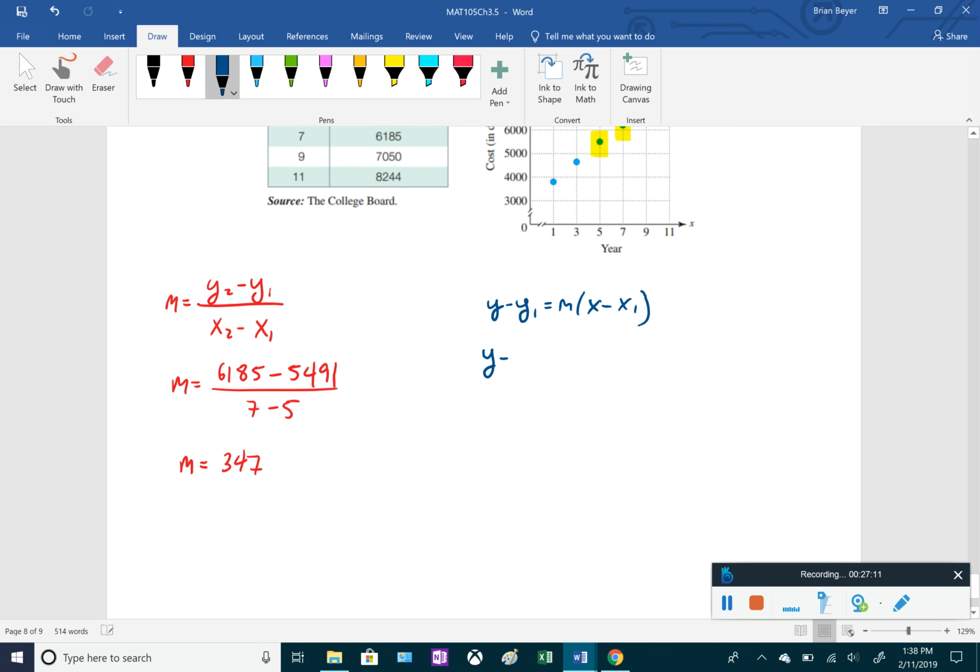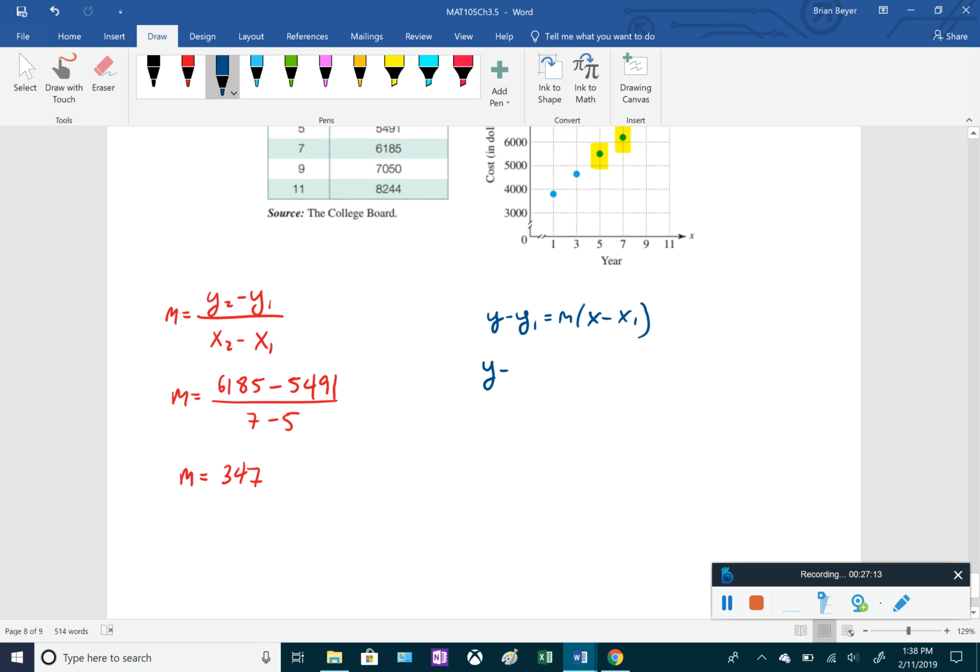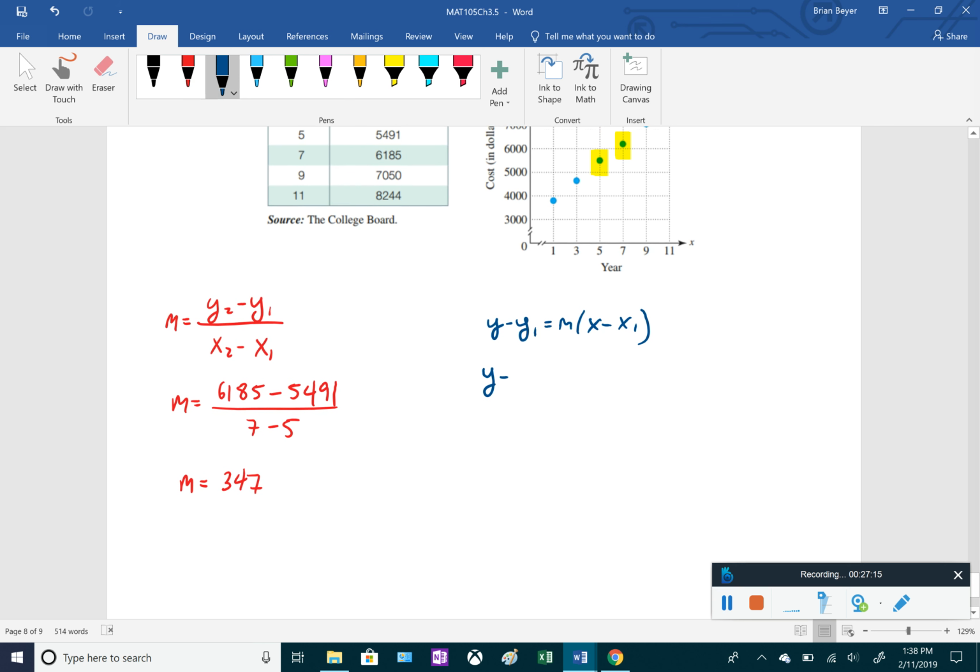I'm going to use the coordinate, the 2005 coordinate. So I'm going to use the y coordinate as 6,185. The slope is 347. And the x is the 5. So I'll just write that on the side so we don't get confused where I got that from.